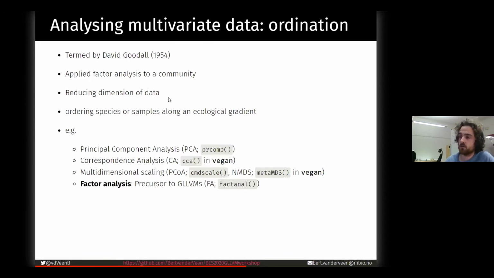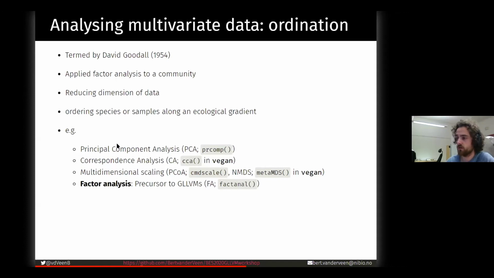And the idea is that we're reducing the dimension of the data, where we have this data set of abundances that's generated by our underlying gradients, and we're trying to define a low dimensional space that explains our community structure as best as possible. You can also think of that as ordering species or samples along these ecological gradients that I've been talking about.